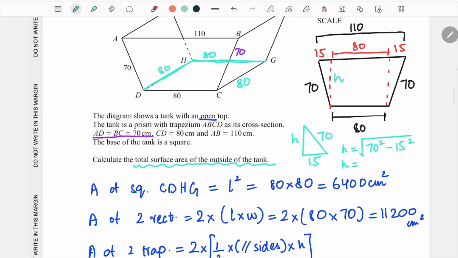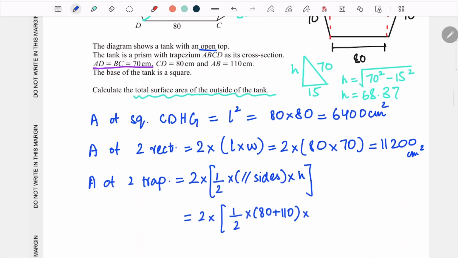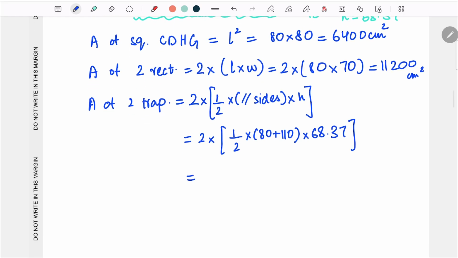So h will be equal to 68.37. So my height is 68.37. I'm going to put this in the formula, 68.37. And this will be equal to, 2 and 2 will cancel out, and if I put the remaining thing into the calculator, I'm going to get 12,990, and this can be simplified to 13,000.